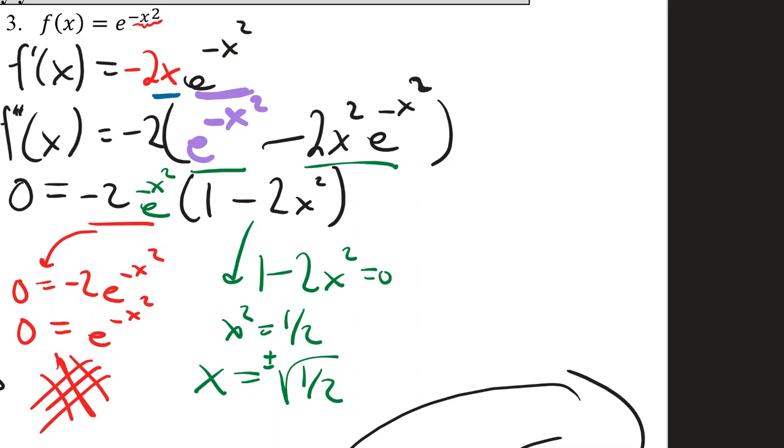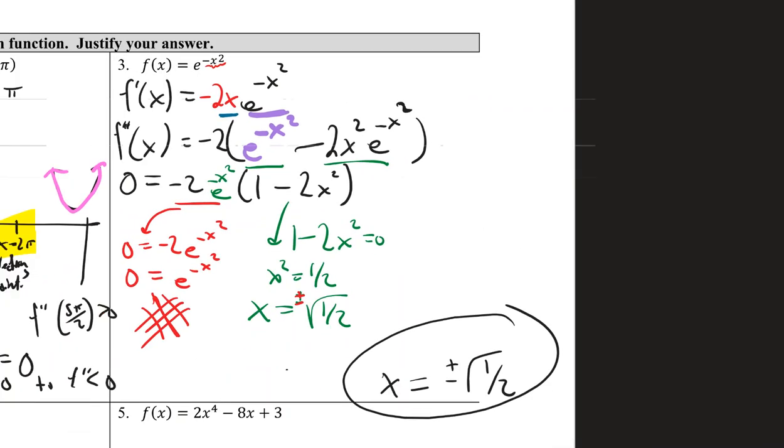Again, I've got a few more people that still need to finish the Unit 3 test, but in the Unit 3 test, there was an FRQ where you were trying to find a point, and at the very end, you guys would be surprised. A lot of you did it correctly, but at the end, you took the square root of both sides and you didn't do plus or minus, so you had half of the answer, so you were missing a point there. So when you square root both sides, you have to put plus or minus or you lost one of the things. And it would mess you up here too, because you would only get one of those.